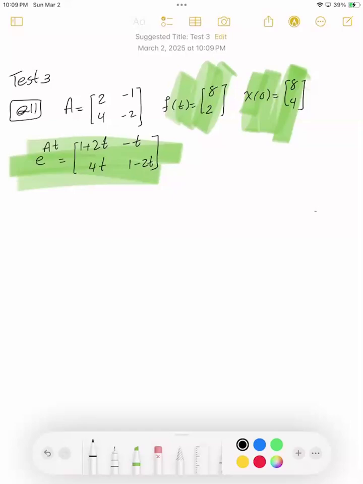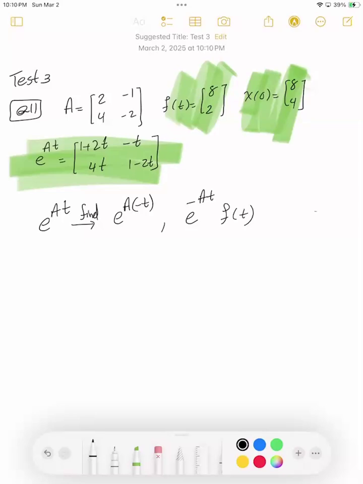What we are given is e^(At), and what you have to do with this is find e^(-At). So you substitute negative t for all the t's, and that's how you find the inverse for it. Then you multiply this, which is going to be e^(-At), by f of t.